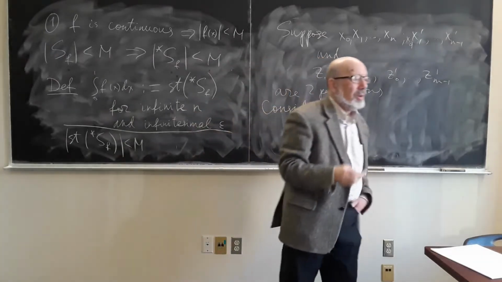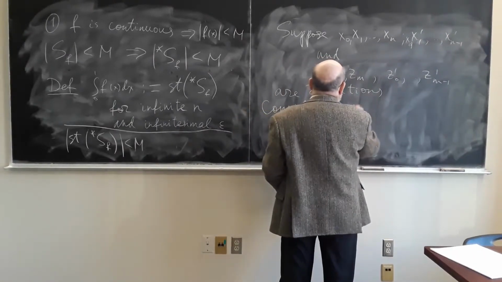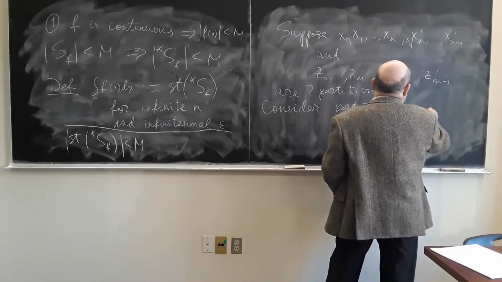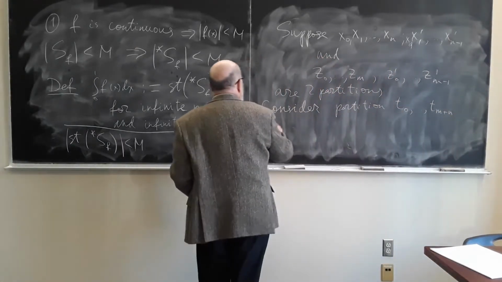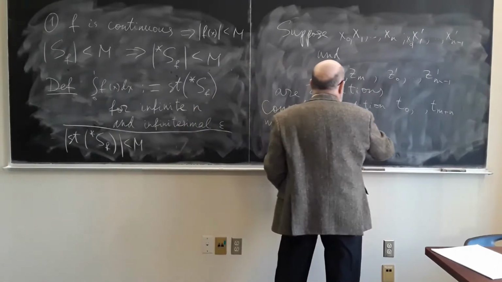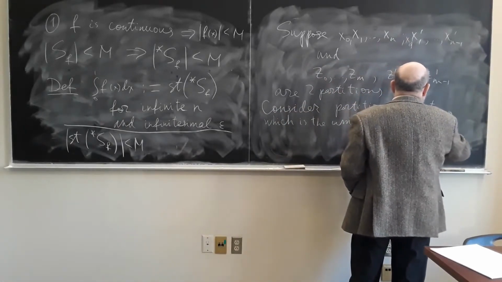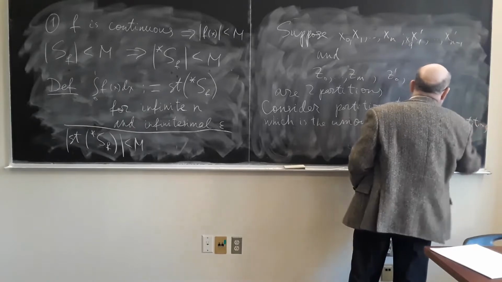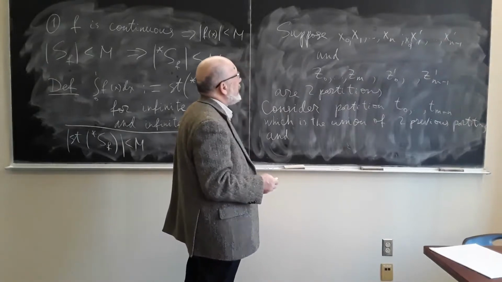Now we can consider a partition which is obtained by the union of these partitions: t_0, ..., t_{m+n}, which is the union of the two previous ones. And what is epsilon here?